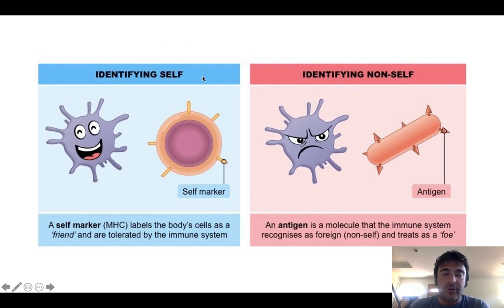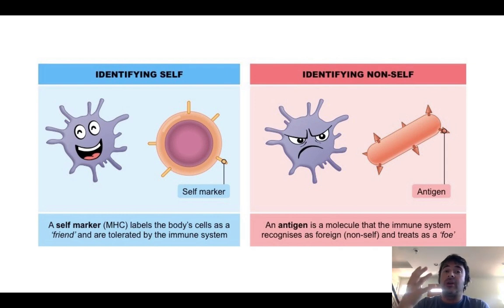So finally, with respect to functional proteins in the cell, we have what are called major histocompatibility complex markers, or MHC markers. MHC markers are self markers. The way that the immune system works is white blood cells float around and they look to see self and non-self.